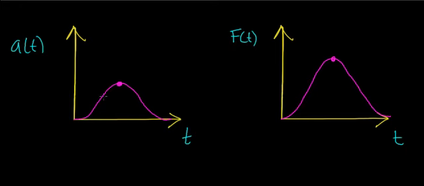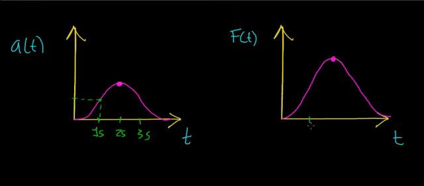Now, if I knew the exact shape of this curve, then I could figure out the force at each point in time. So if here's, say, 1 second, and maybe this point is 2 seconds and 3 seconds, I could go up to my curve and then over and figure out what the acceleration is at that point.